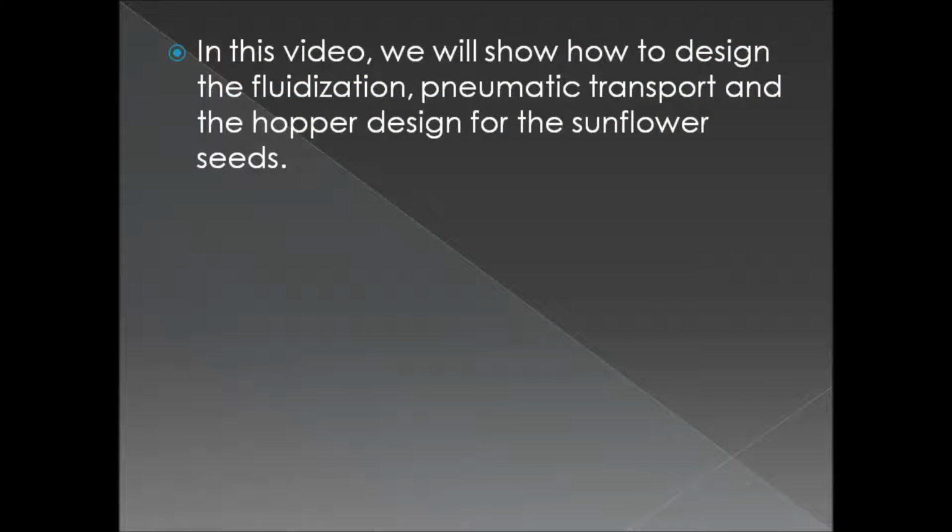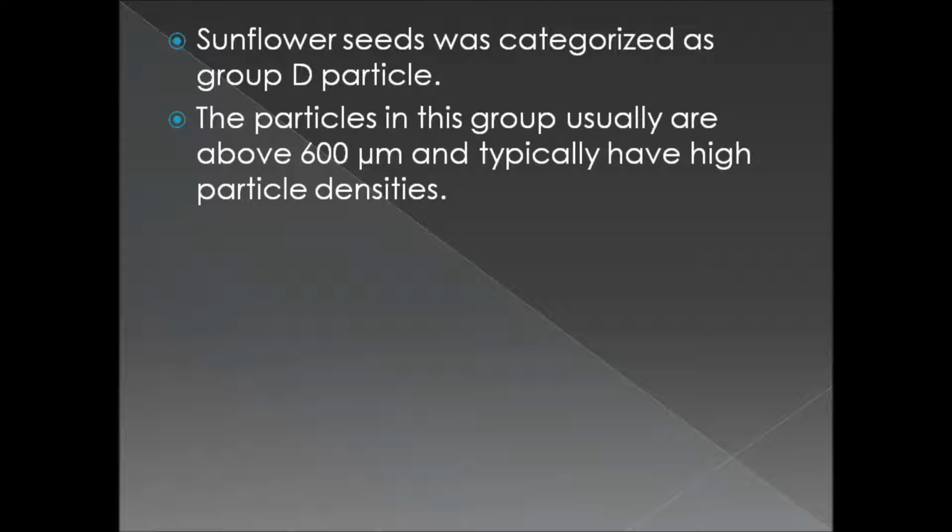In this video, we will show how to design the fluidization, pneumatic transport, and the hopper design for the sunflower seed. Before we show how to design, the most important thing to know is the properties of sunflower seed.